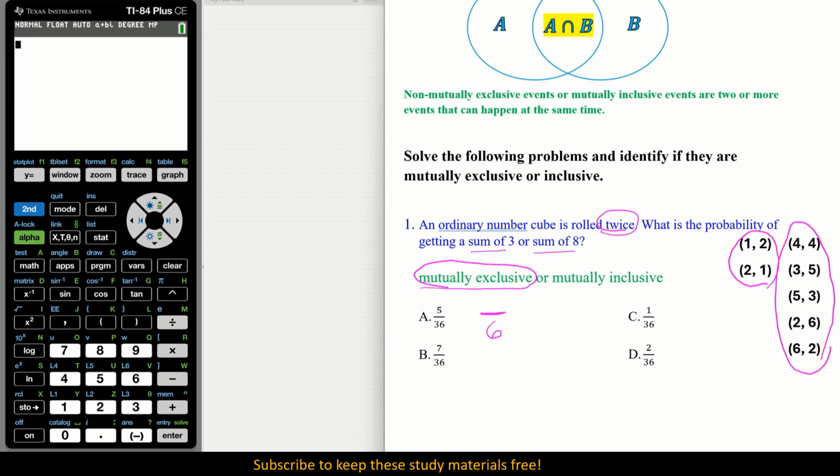But you're rolling it twice, so that would be a squared situation. Now, that's the total outcomes for each roll. But then we want to talk about summing the 2 rolls to 3. Well, then we have 2 combinations. So what we want is combinations out of total outcomes.